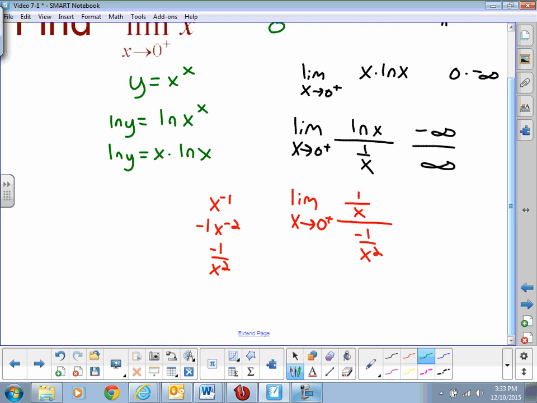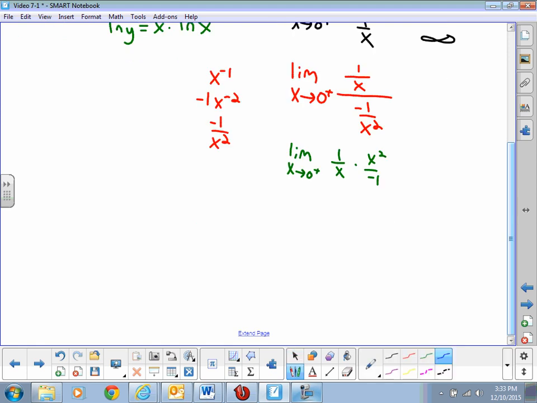I'm not taking any derivatives or anything, but I'm just going to rewrite this differently. This could be 1 over x times the reciprocal, so times x squared over negative 1. And when you multiply those together, this is really the limit as x approaches 0 from the right. One side of x is out, and we just get negative x.